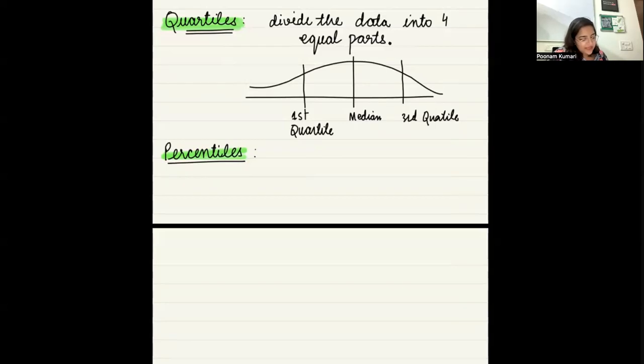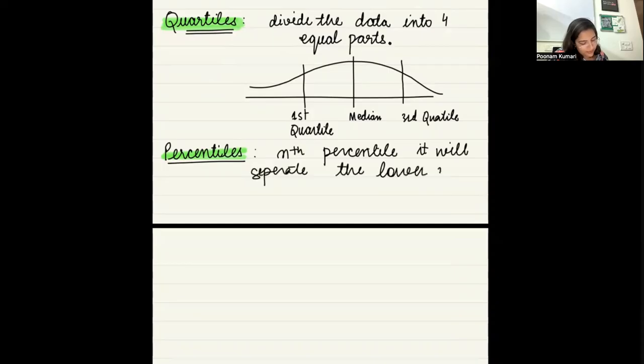So let's say if somebody says nth percentile, what does that mean? It will separate the lower n% from the upper 100 minus n% of data.